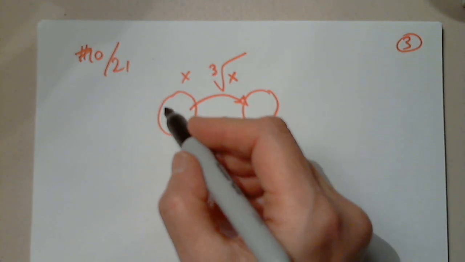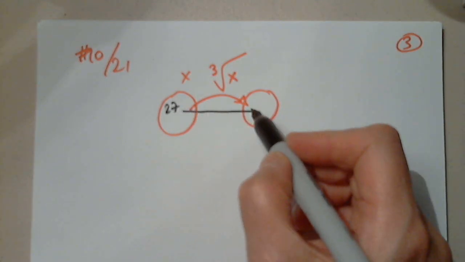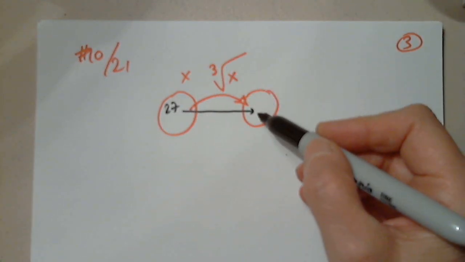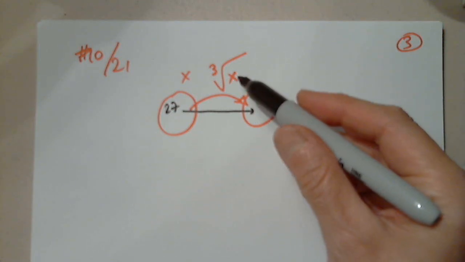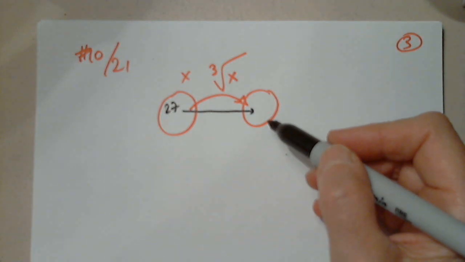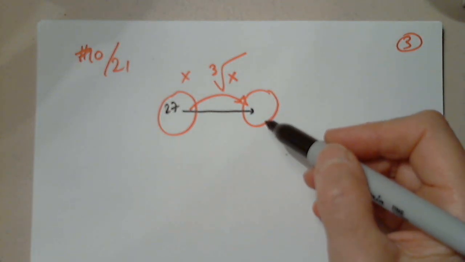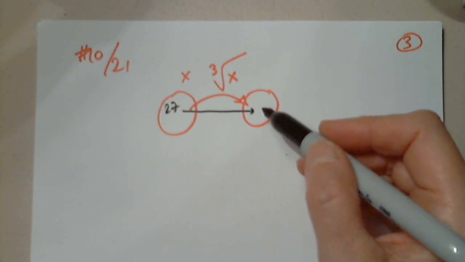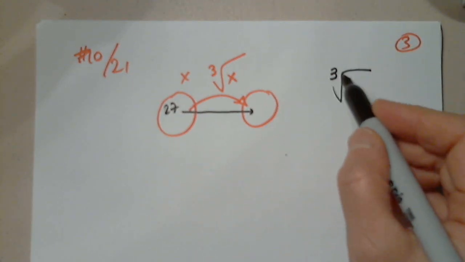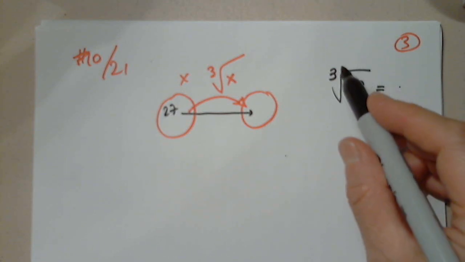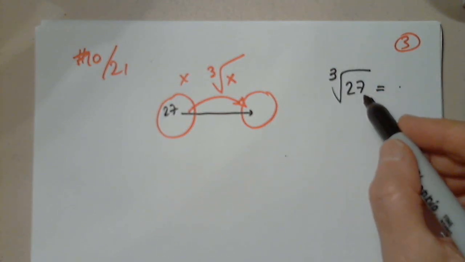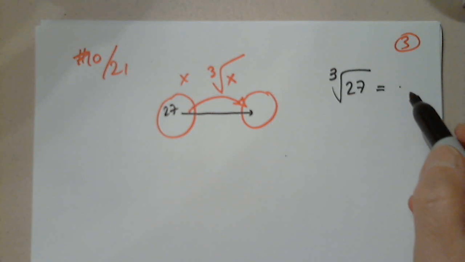So for example, if I have 27, what will be the correspondence through the cube root? What will be the cube root of 27? It's not 81. No, it's a number that I raise to the third power to get 27. 3.